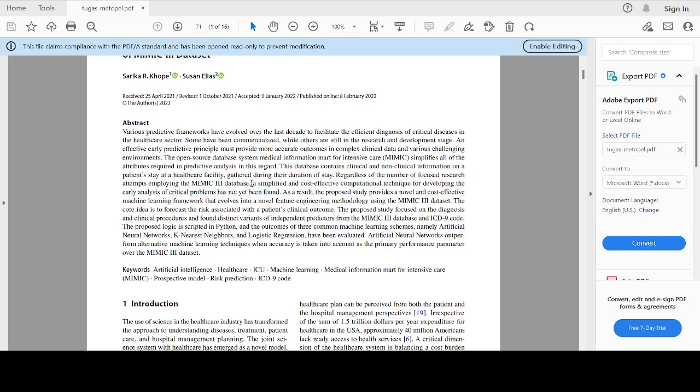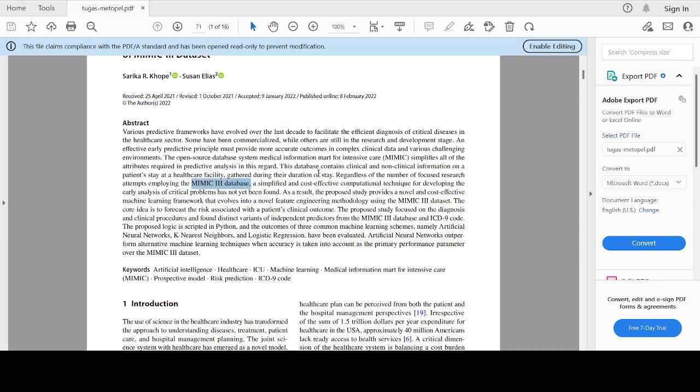Based on some readings too, the MIMIC3 database is often used for this kind of research because, one, it's an open source database, and two, it's reliable.